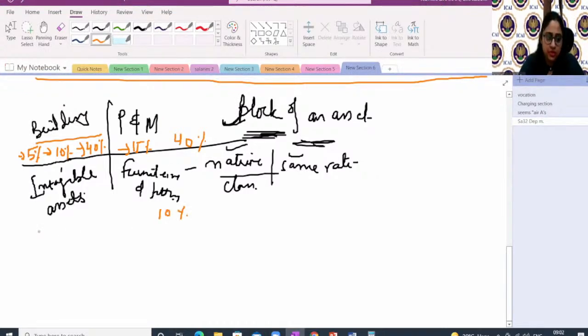In intangible assets, generally 25% is the rate for depreciation. These are the different rates under each class of asset. So one block of an asset would be assets which fall in the same class and the same rate. Any plant and machinery which is depreciable at 40% rate would be one block.